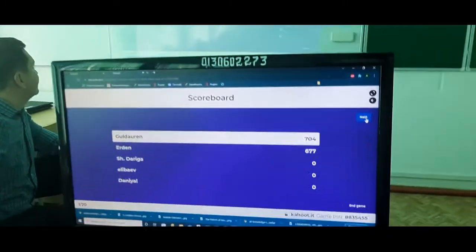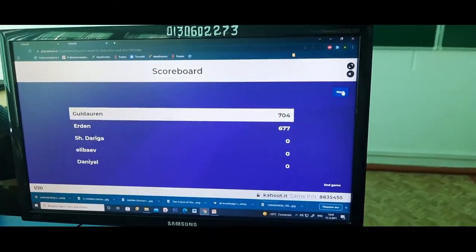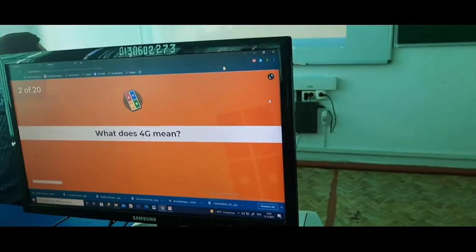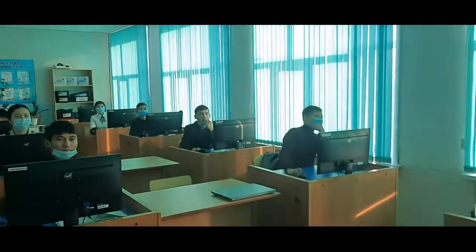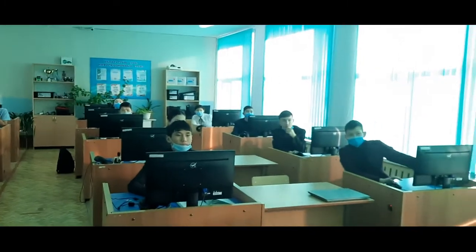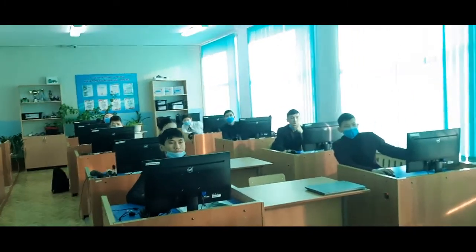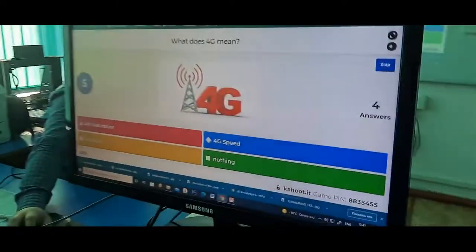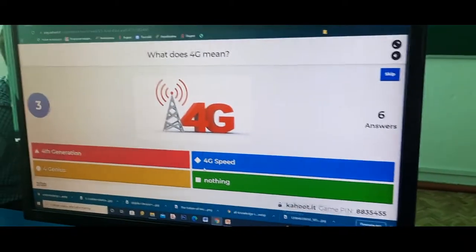Oh, scoreboard. The quiz. What does 4G mean? What does it mean, 4G? The fourth generation, the 4G speed.